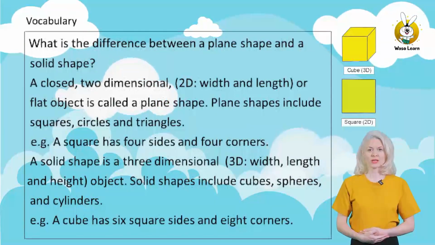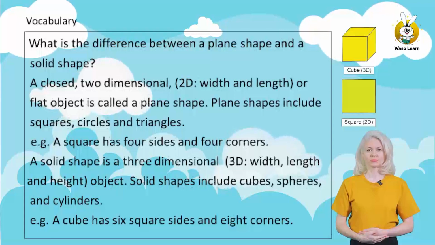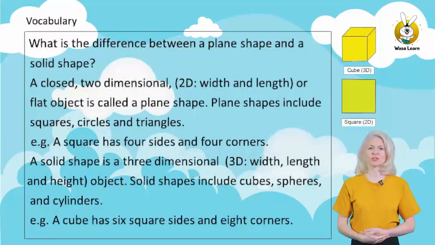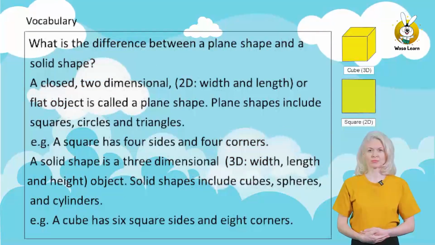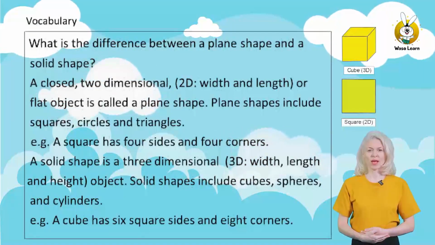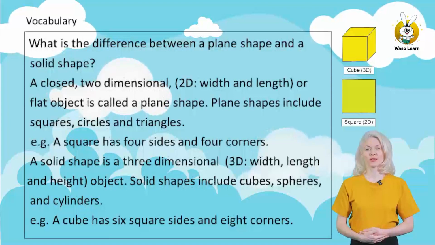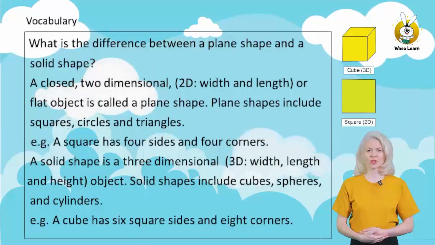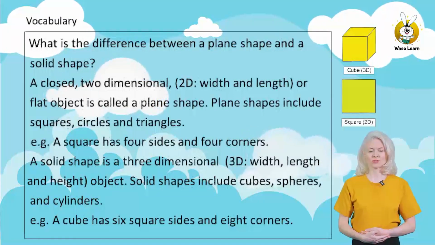A closed, two-dimensional (2D) width and length or flat object is called a plane shape. Plane shapes include squares, circles, and triangles. For example, a square has 4 sides and 4 corners.